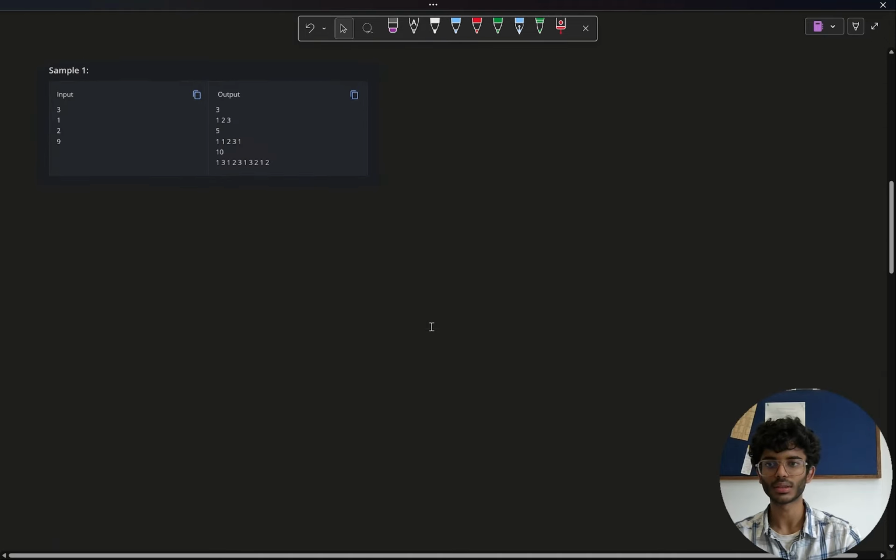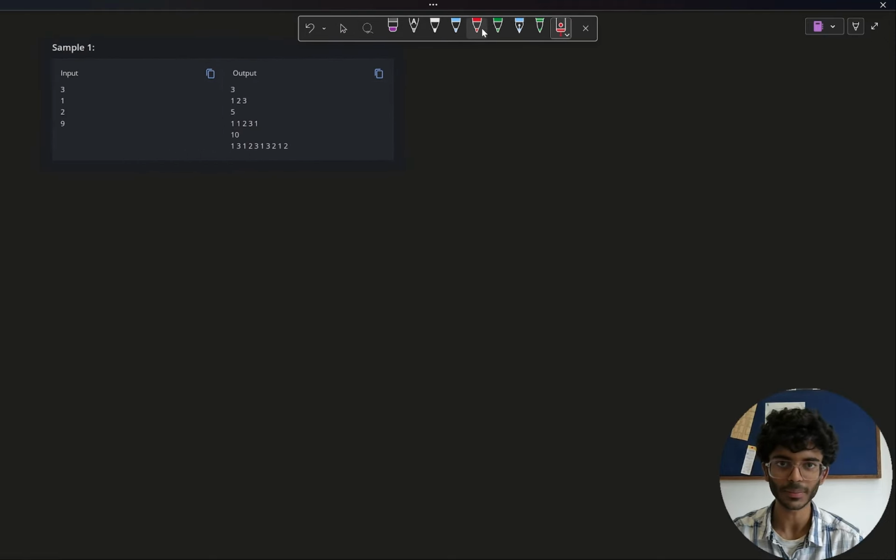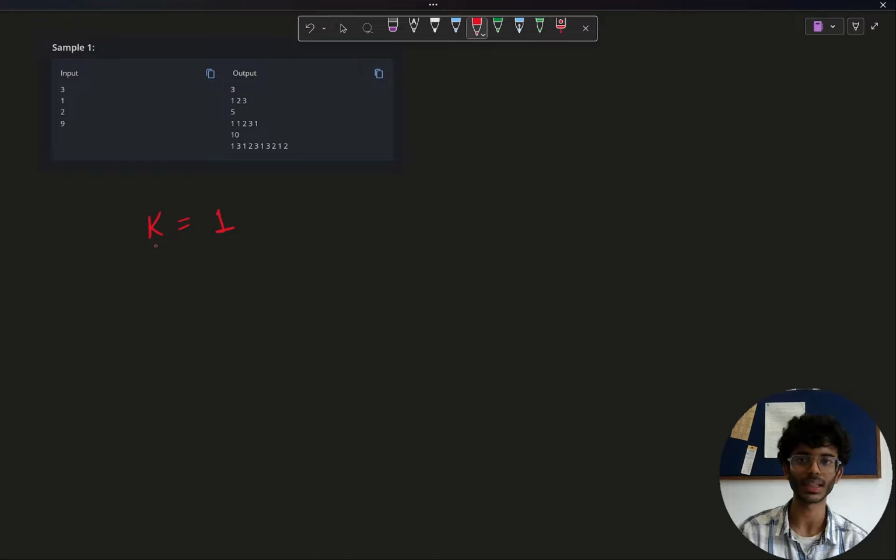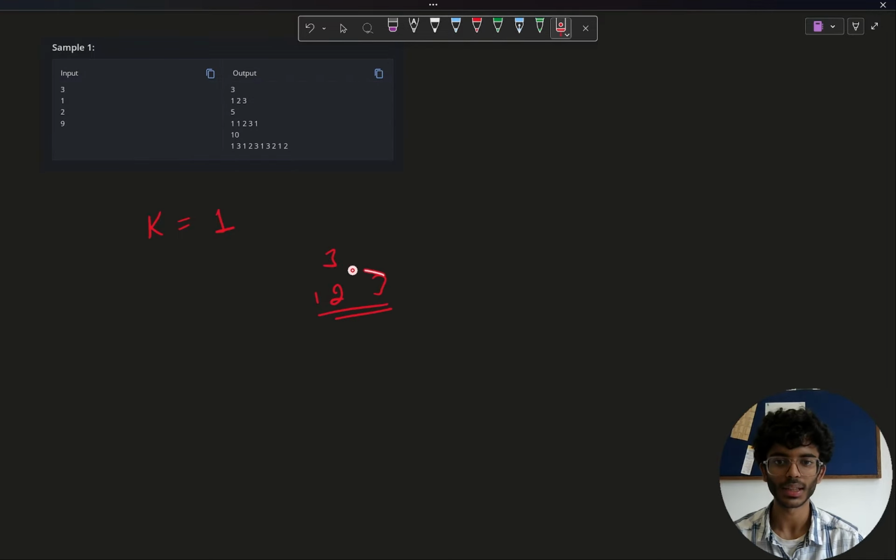Now let's look at the sample input to understand it better. In the first test input we have k equal to 1. So we need to create an array that has exactly one balanced subarray. So 3, 1, 2, 3. It has exactly one balanced subarray, that is this 1, 2, 3.